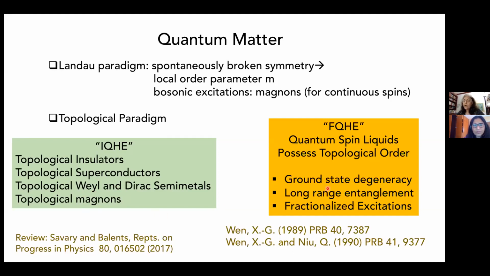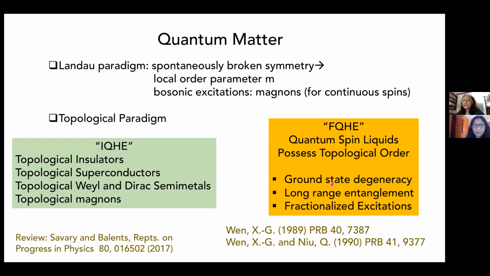So all of this still goes in the category of what I call integer quantum Hall effect topological matter. But more interestingly and more bizarre is the fractional quantum Hall effect analog of topological matter. These are like the fractional quantum Hall effect and quantum spin liquids. These possess topological order. So it's a new kind of order. And the way it shows up is in the ground state having degeneracy when you look at the ground state on different manifolds, cylinder, torus, and so on.